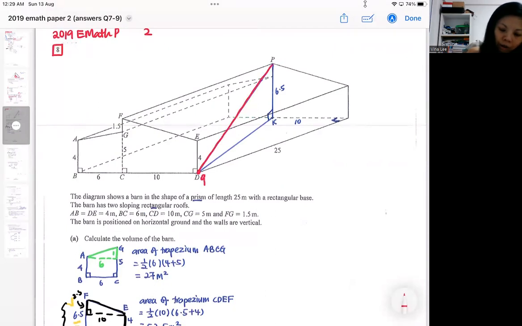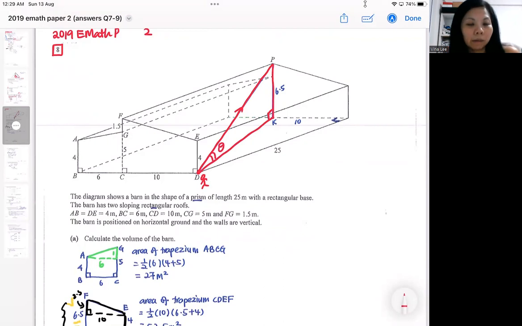You are standing here, you are looking up. So where is the angle? The angle has to be vertically down. So I have to drop the height down, vertically down, and I will form a 90 degree here. So this is the angle that I'm looking for.